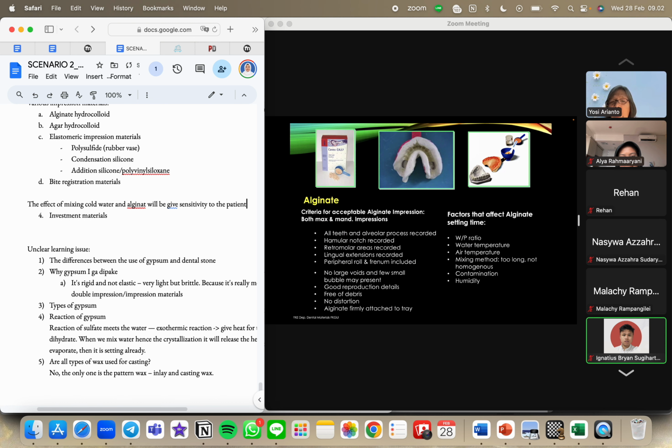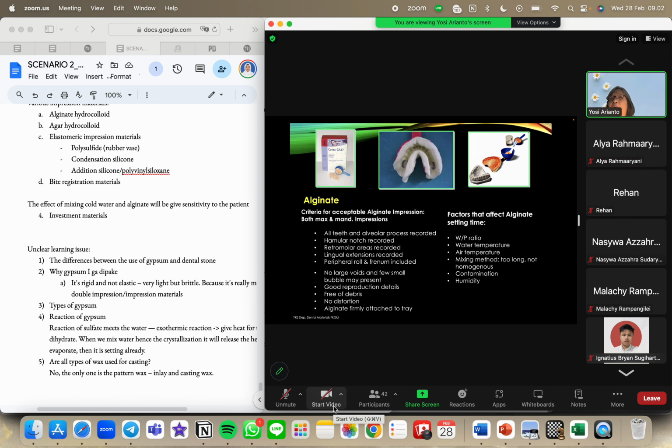Okay. And also the air temperature. It means also the humidity and the temperature in the lab or in the clinic or the weather.